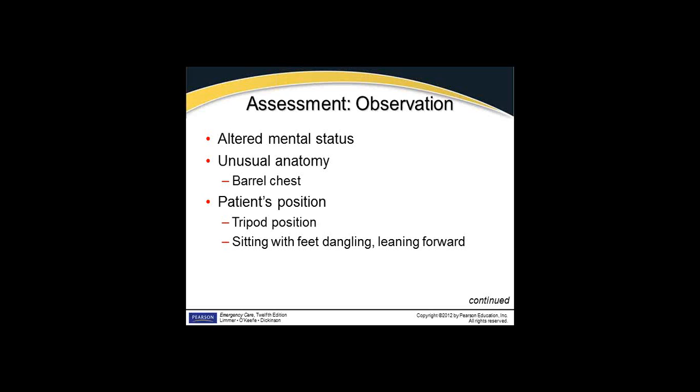They may have some unusual anatomy, or something called a barrel chest. The barrel chest, if you think about your chest, without the external parts attached there, think about what the actual shape of most people's chest would be. If we cut them in half, right through, basically mid-chest level, top and bottom, what would we see?